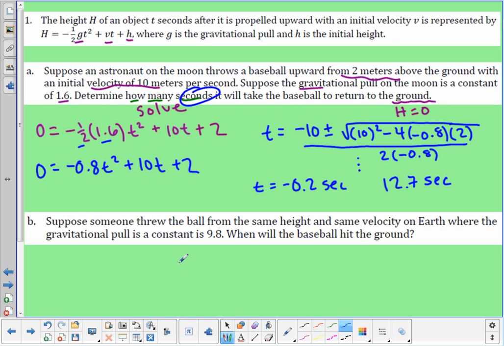So when I look at those two answers, obviously it's not possible for us to have a negative time, so that one's going to be out, and this is my best choice. So it took 12.7 seconds for that baseball to reach the ground when it was thrown on the moon.